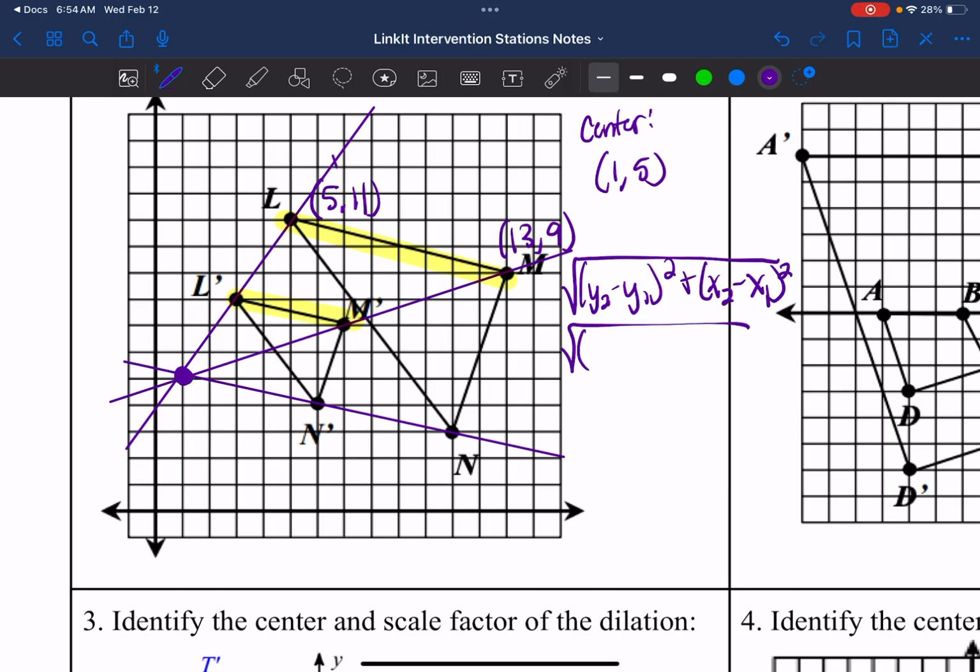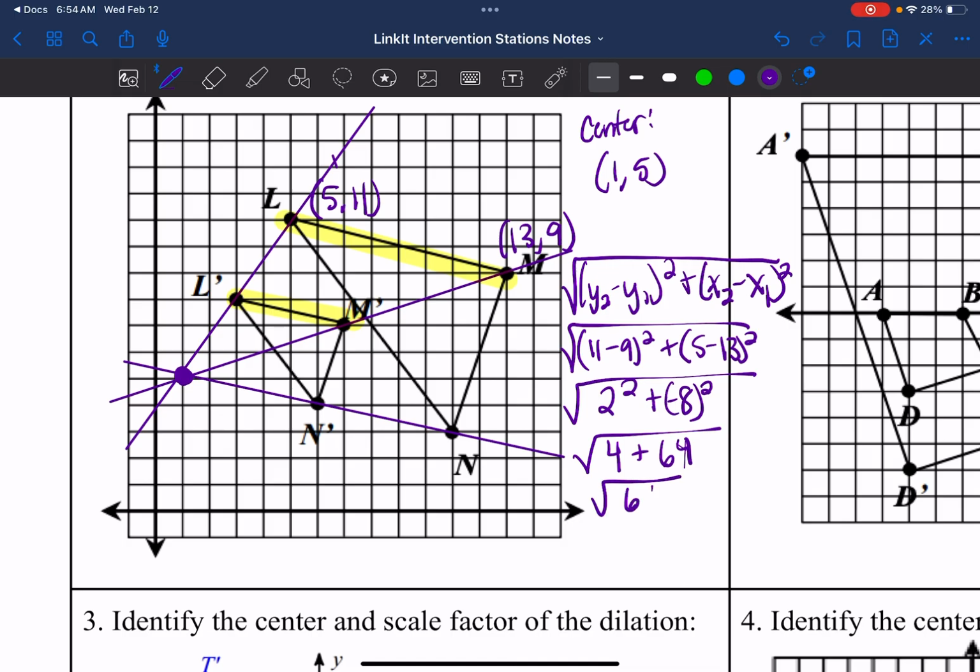That's going to give me 11 minus 9 squared plus 5 minus 13 squared. 11 minus 9 is 2 squared, and 5 minus 13 is negative 8 squared. 2 squared is 4, negative 8 squared is 64, so I get the square root of 68, which I can put into the calculator.